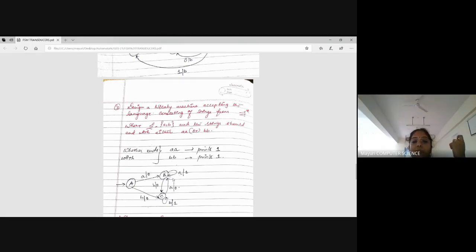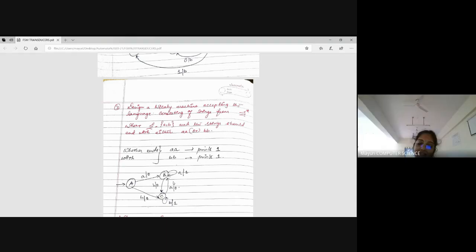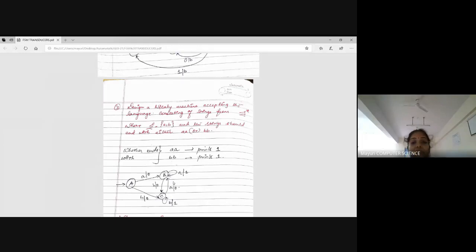Okay. For B, I have given input A. So, what about input B? What about input B? Where do I have to give? C. Previous state. What I can say is nearby states, B and C only.